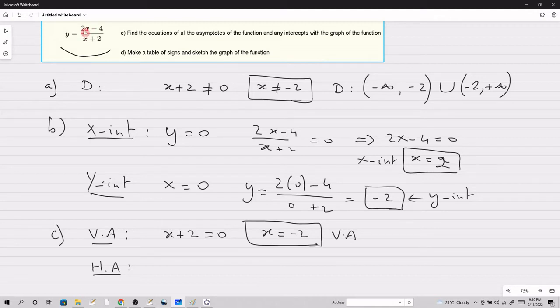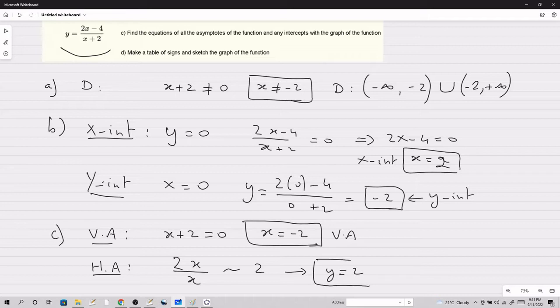So again, it's 2x that will dominate in the numerator and x in the denominator. In both cases, it's the 2x over x term that dominates, and this simplifies to 2. So our horizontal asymptote is a horizontal line with equation y = 2.